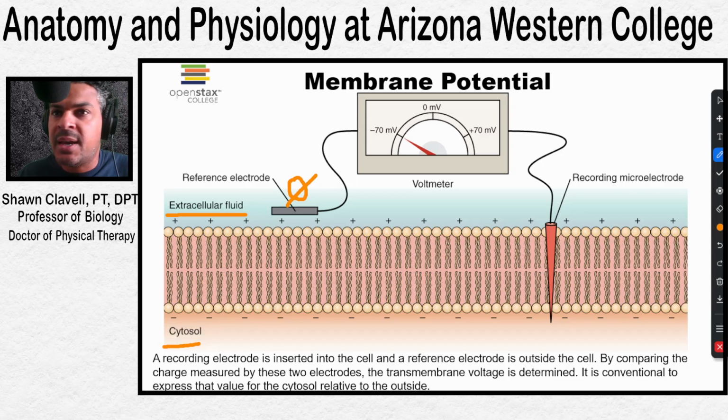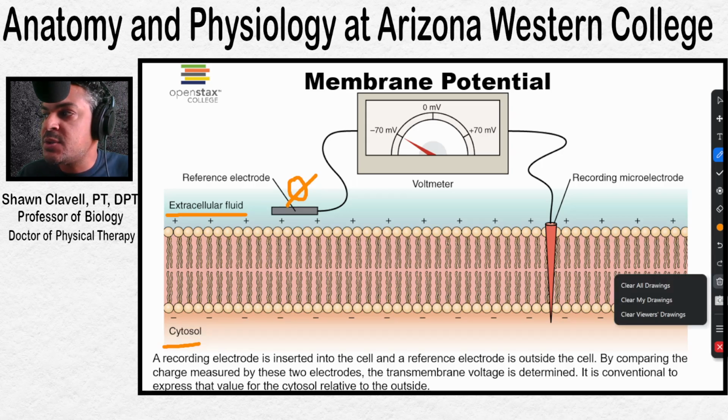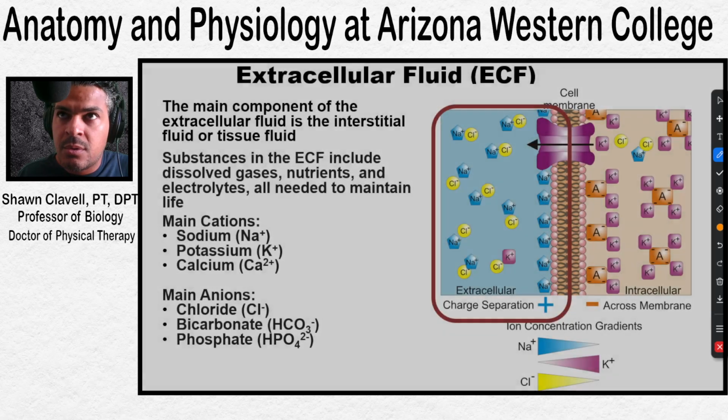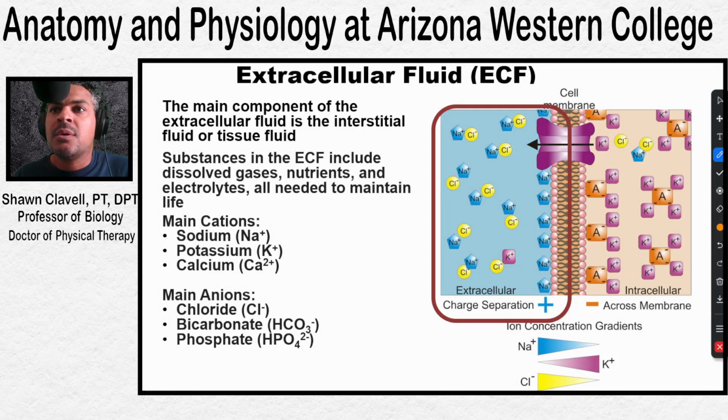And so you might be asking yourselves, what is it that's responsible for that charge? There's an unequal distribution of primarily sodium and potassium inside and outside of the cell.